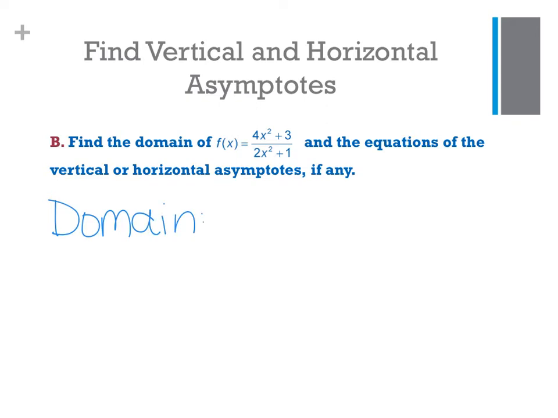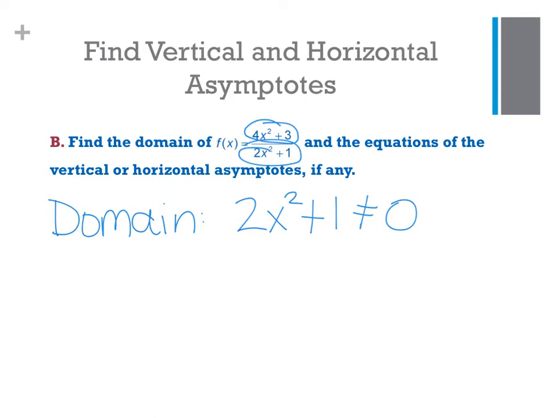So first of all, the domain of this function can be determined because this is a rational function, a fraction of two polynomials, a quadratic polynomial on top, and a quadratic polynomial on bottom. Since we're dividing those two, we always know that the denominator can never equal 0 in a function. So we have 2x squared plus 1 cannot equal 0.